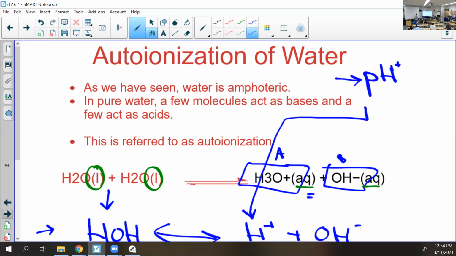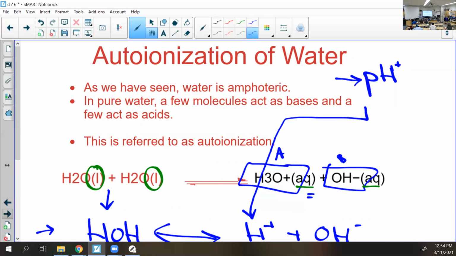Okay, now, autoionization of water. As we have seen, water is amphoteric. What does that mean? It can go either way.